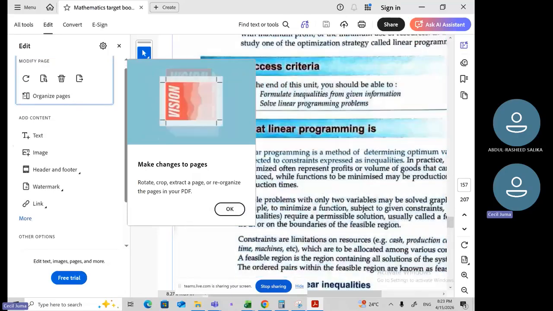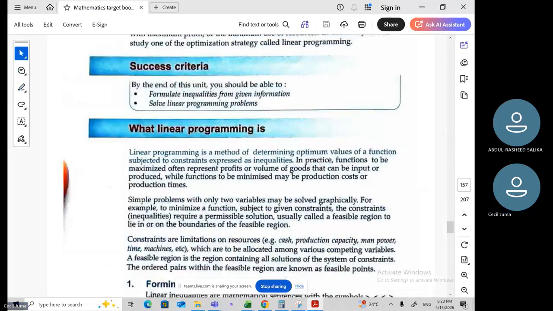So those challenges are represented as inequalities. So in simple terms, linear programming is a method that is used to determine optimum values of a function, which are subjected to constraints expressed in linear inequalities.